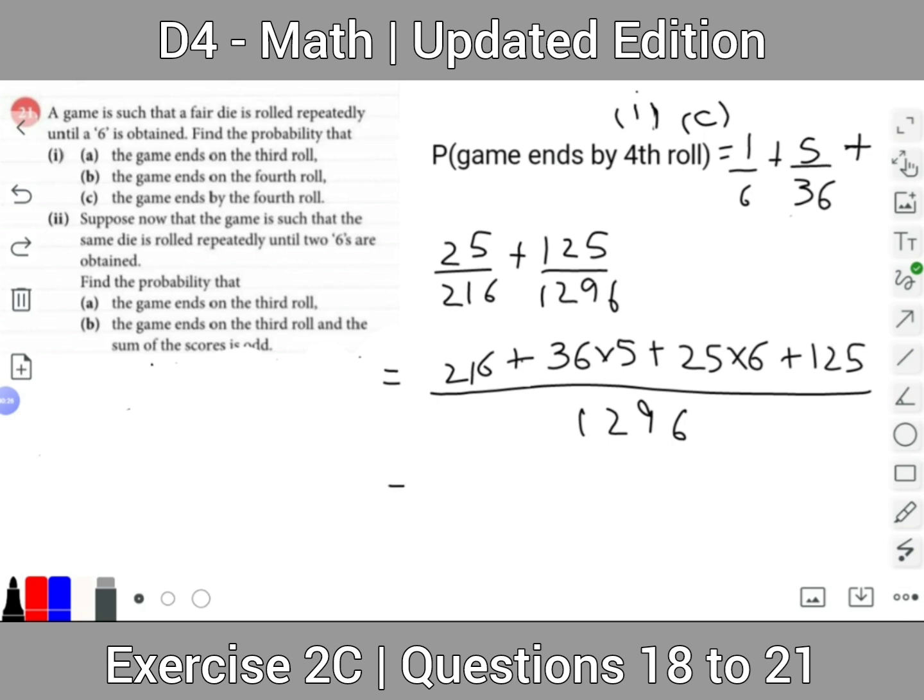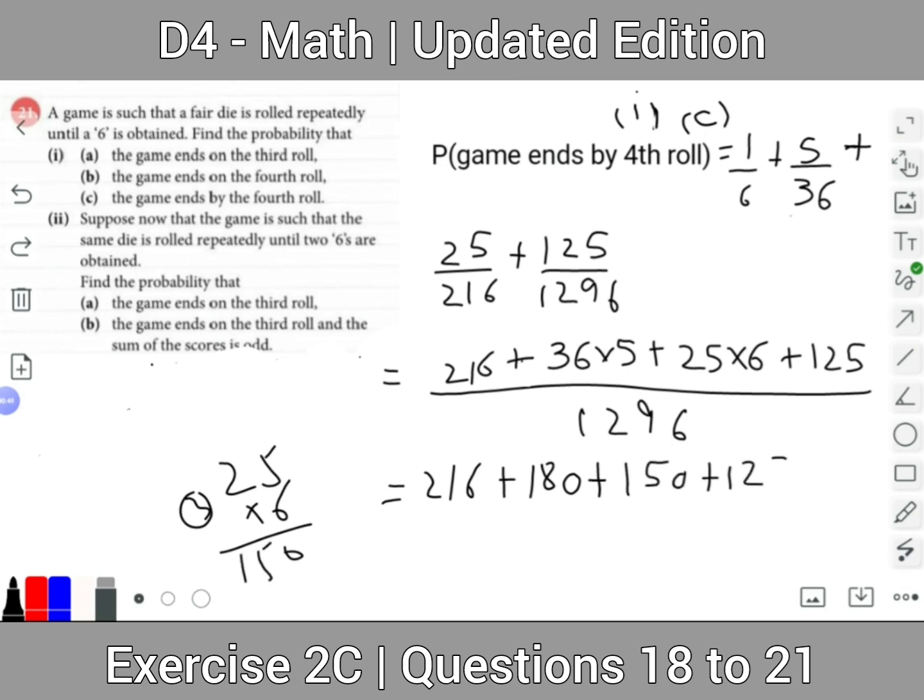So now we have 216, 36 5s is 180. Now 25 6s is 150 plus 125 divided by 1296.